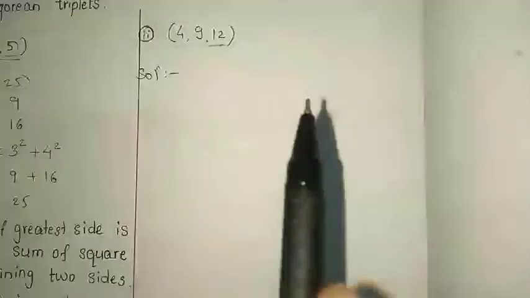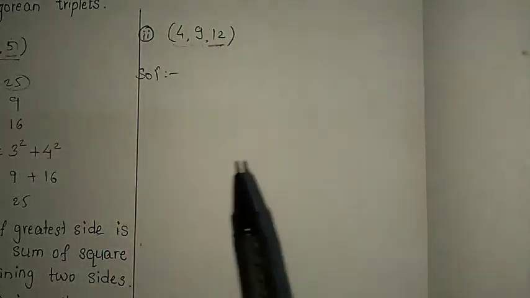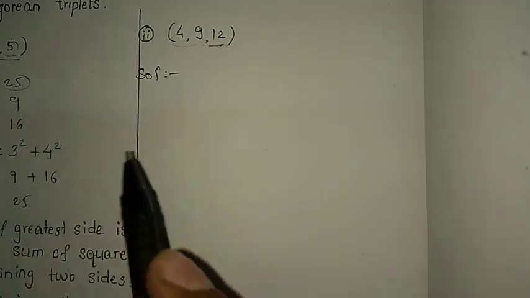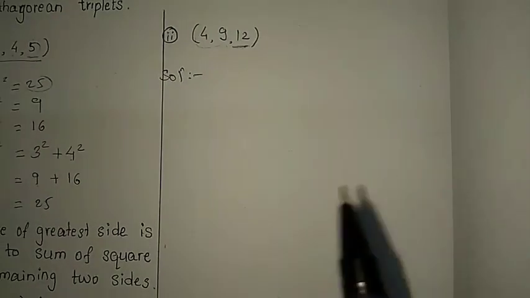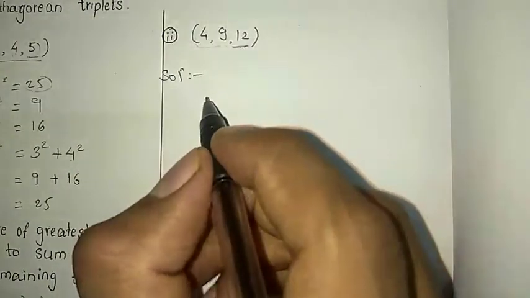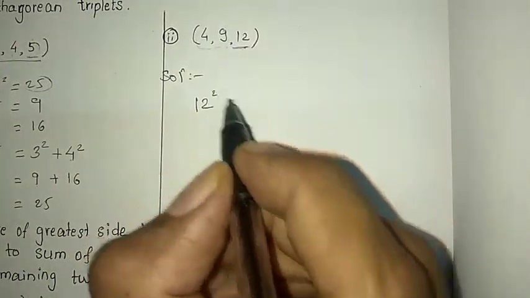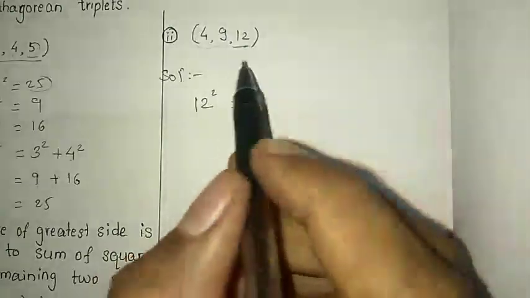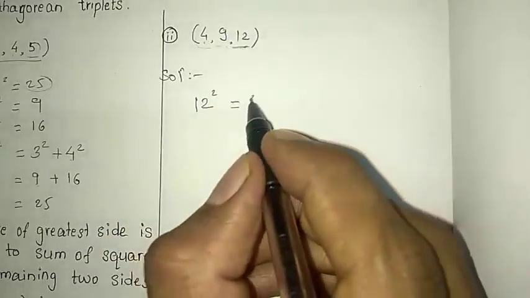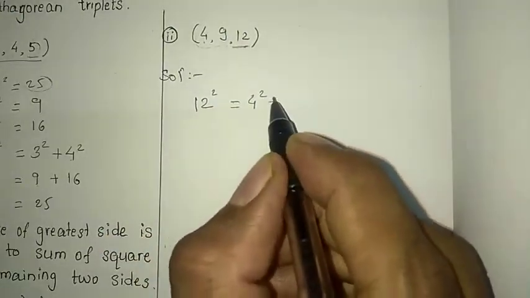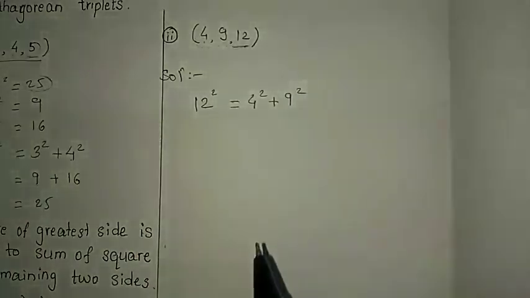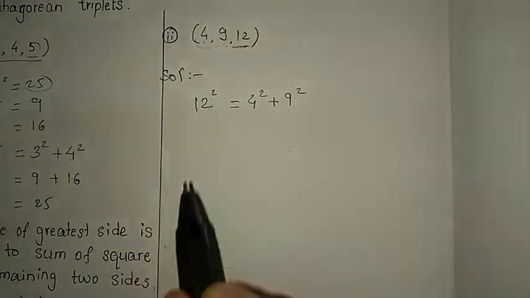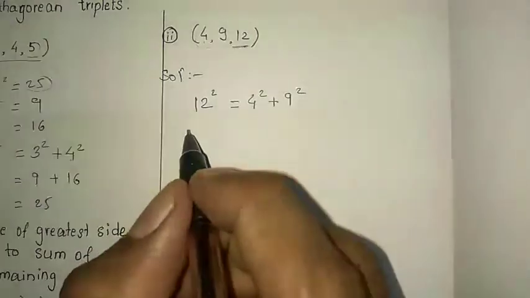First you can find the square of all three numbers as we have done in the first question, or directly you can write the given statement, that is the greatest side square, means 12 square, equals the smaller side 4 square plus the second smaller side 9 square. Now what is the square of 12? It is 144.